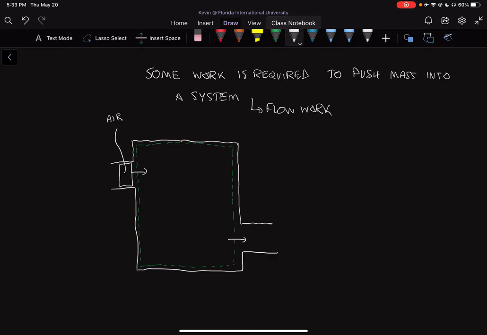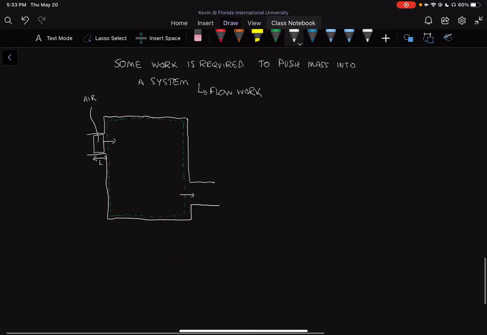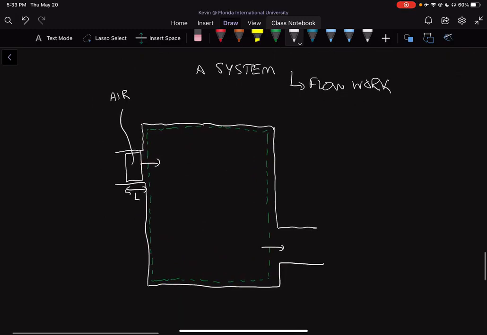In order to be fully pushed into our system, we need to push it a certain distance L. What we're going to do with this air is push it with an imaginary piston.